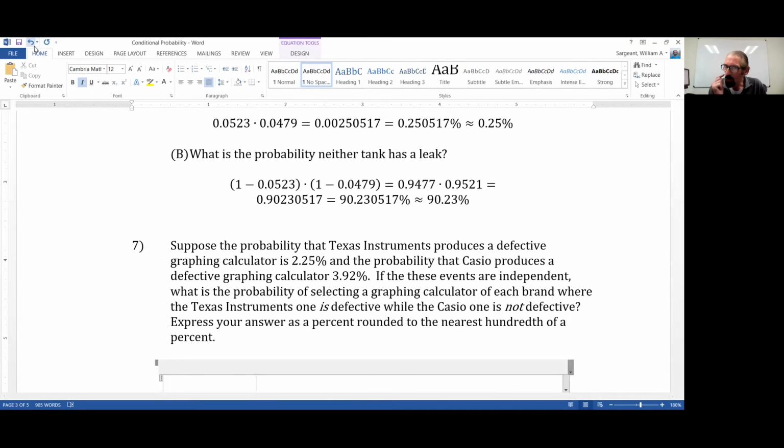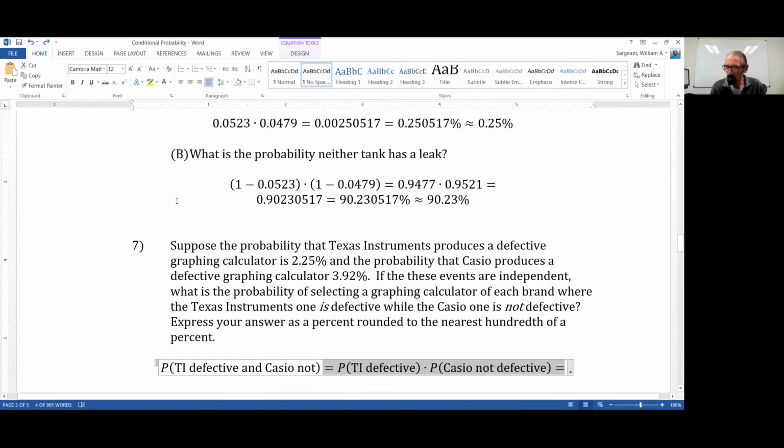And we want to find out the probability that the TI one is defective while the Casio one is good. And since we have two different companies, this suggests independence. And I even say back here, if these events are independent, then what would be the probability?